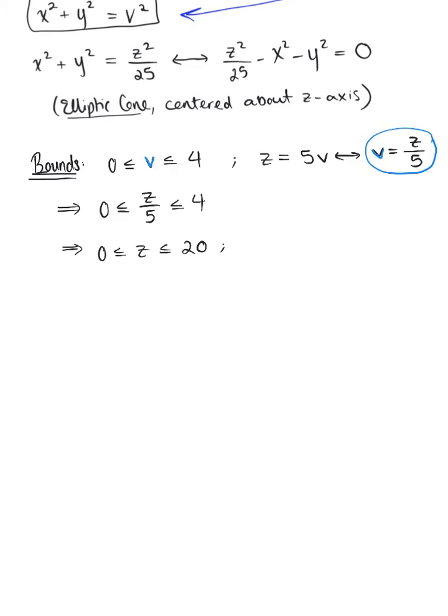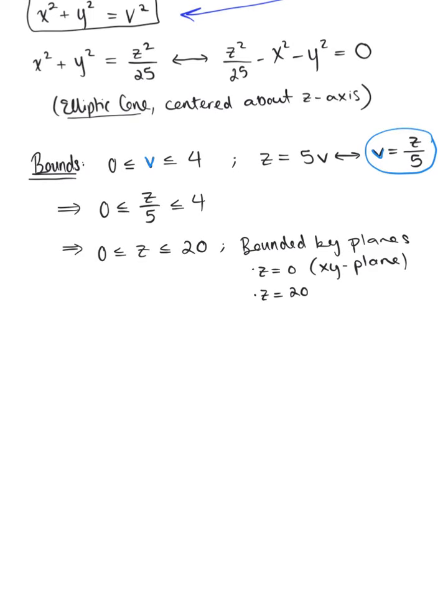So this is indicating to us that our elliptic cone is bounded by two planes. It's bounded by the plane z is equal to 0, or the xy plane, and it's bounded above by the plane at z is equal to 20.